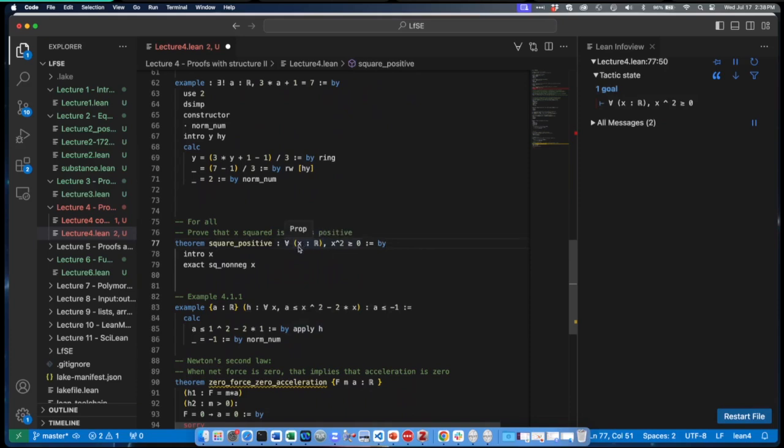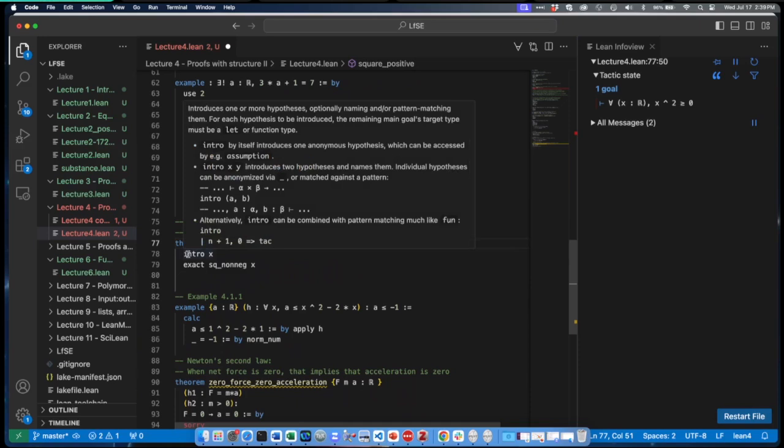If for all is in the goal statement, I want to just prove for all x as real numbers, x squared is greater than or equal to 0. So no assumptions are on the left side of this. I'm just saying this is simply true about math, no matter what. And so we now have the for all x as real numbers, x squared is greater than or equal to 0.